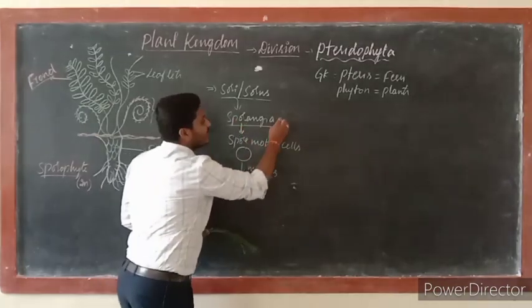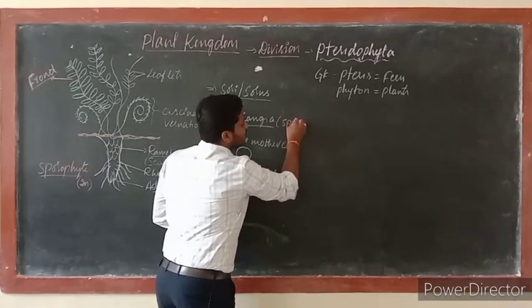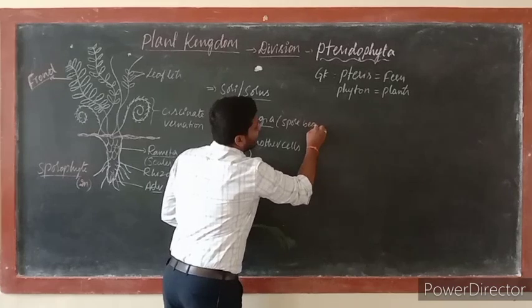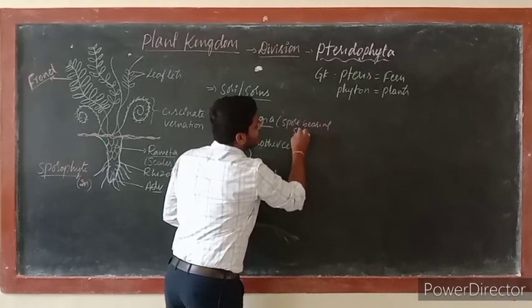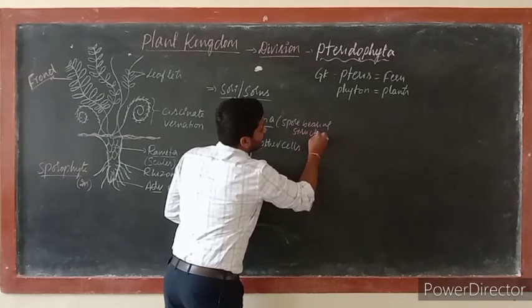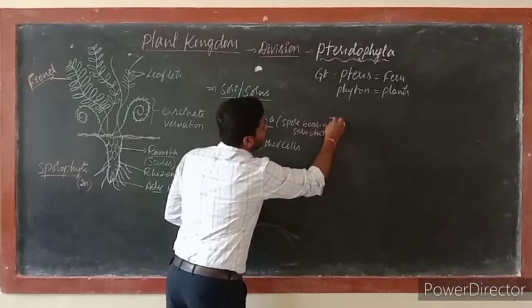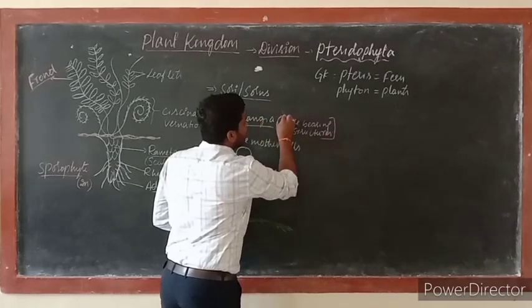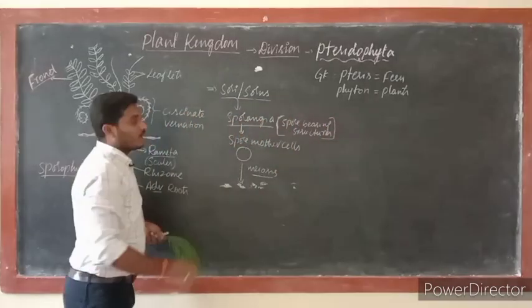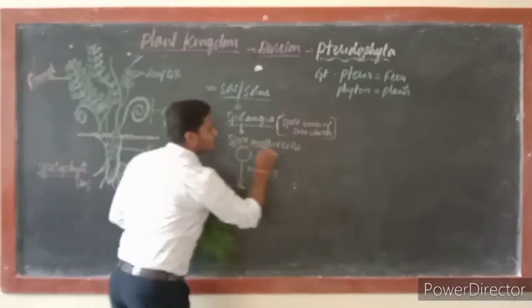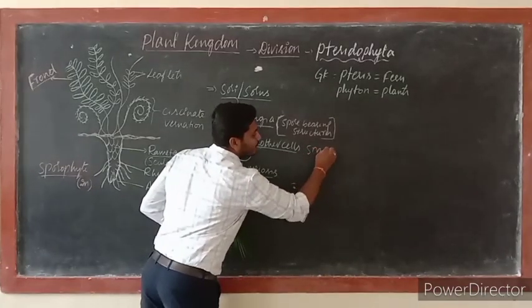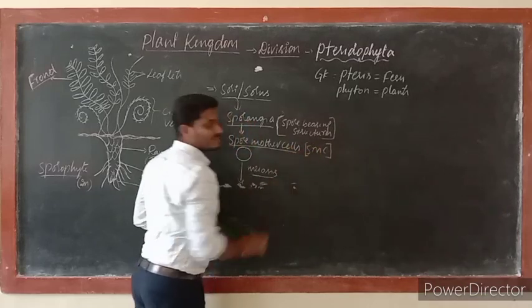So sporangia are nothing but spore bearing structures. Spore bearing structures are called sporangia. The sporangia have spore mother cells, SMC.